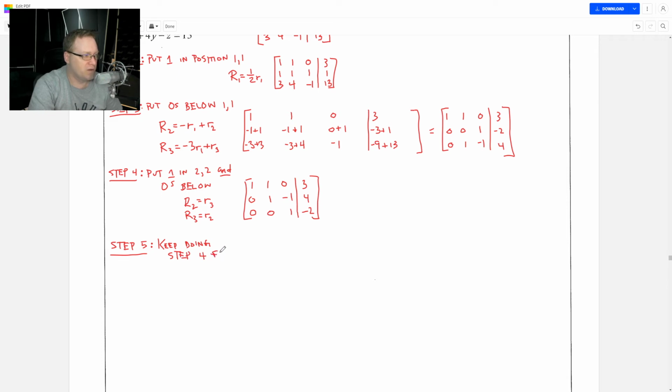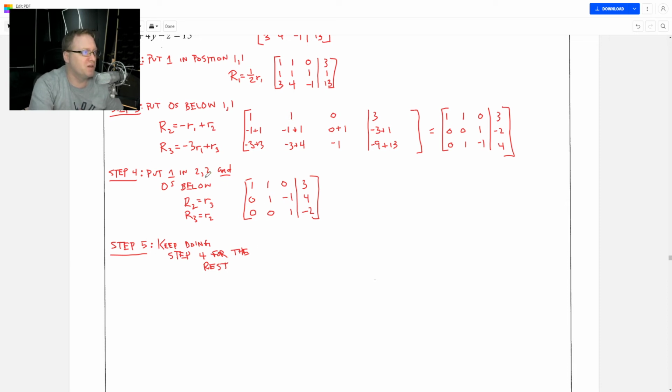I'm not going to write this whole thing out because it's taking me forever. Keep doing step 4 for the rest of the columns.